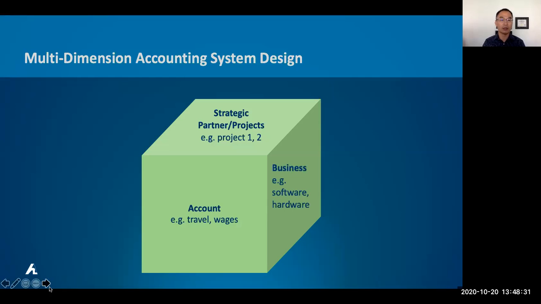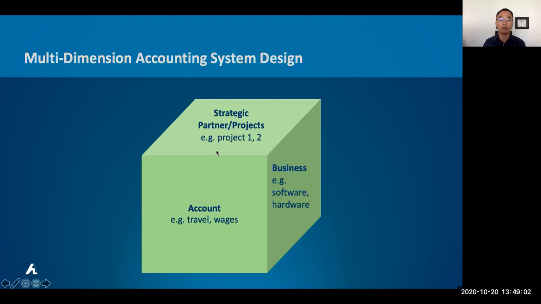So we use a three-dimension chart of account. So you have the natural account, and then you have the business, or you can use a funder in your case. In this case, for profit, you can use business. For non-profit, we can use different programs. And then for profit, we can look at the strategic partners or projects.